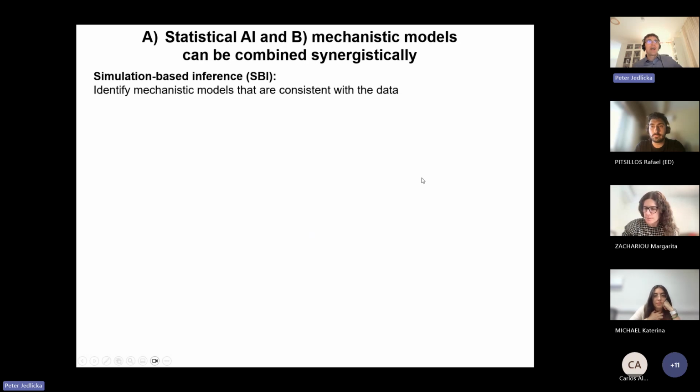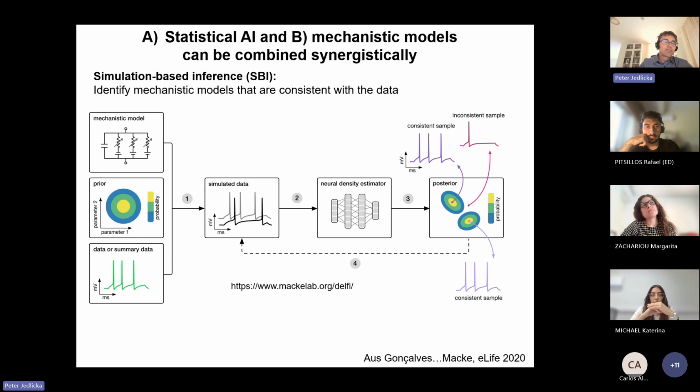Statistical models, AI models, and mechanistic models can also be combined very productively and synergistically. One example for this is SBI, or simulation-based inference, which allows you to identify those mechanistic models that generate simulations that are consistent with experimental data. And this has been mostly established in the lab of Jakob Macke.